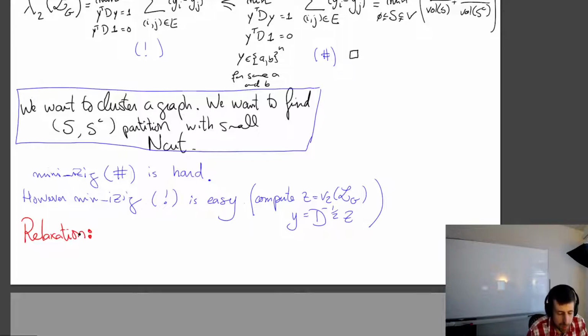Okay, what is the algorithm? Let me give you the algorithm for finding good partitions.